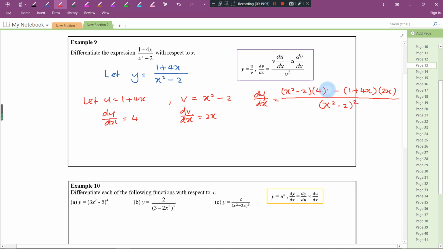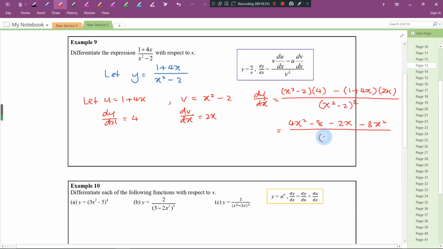Okay, but don't leave our answer like this. We try to simplify it, make it simpler. Do some expansion here. 4 times x squared, 4 times negative 2. You will get 4x squared minus 8. Here do the same thing, do some expansion. Negative 2x, negative 4 to 8 square.